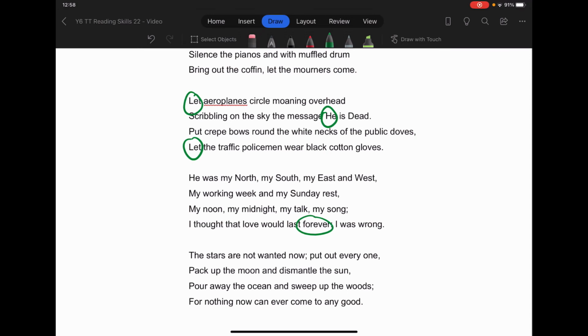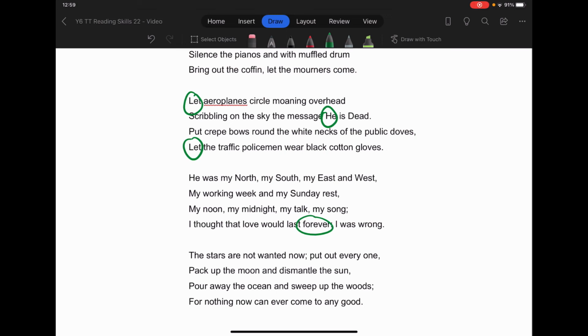North, south, east, and west, that's four directions. My working week and my Sunday rest: working week is Monday to Friday, Sunday rest. So they could be working together, but they're also there to relax together. They're not separate, they're everything. My noon, my midnight, taking up the time of day.